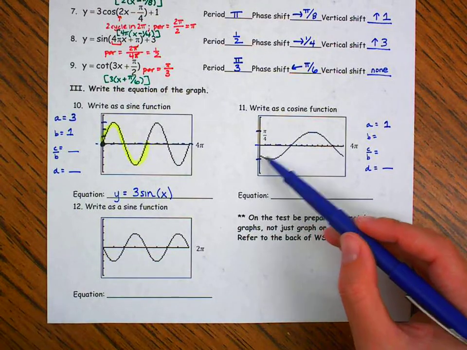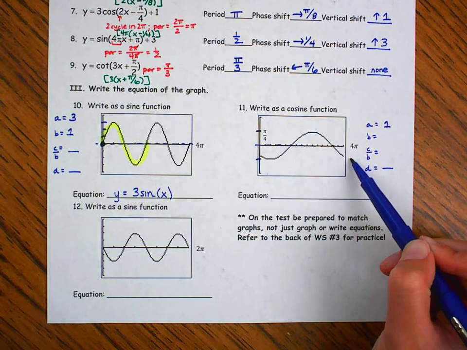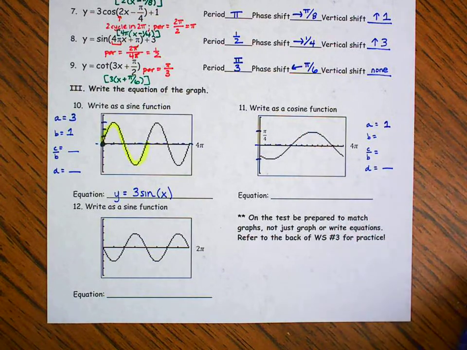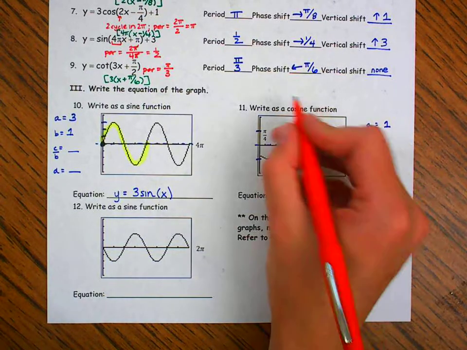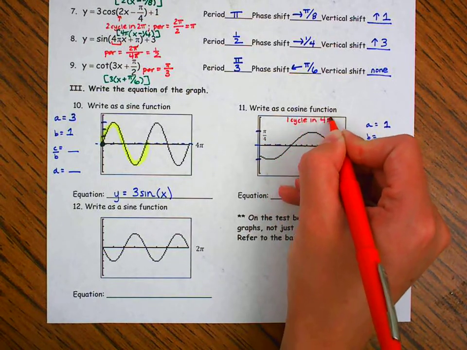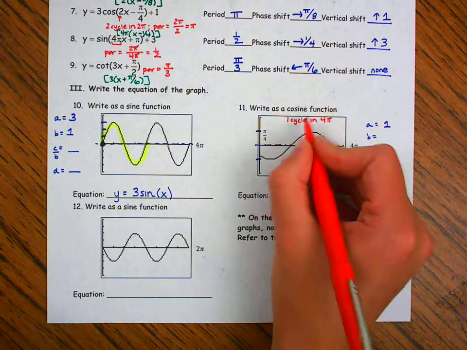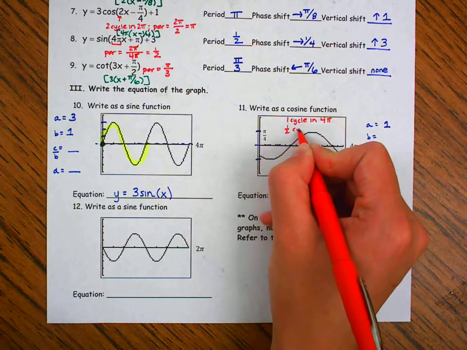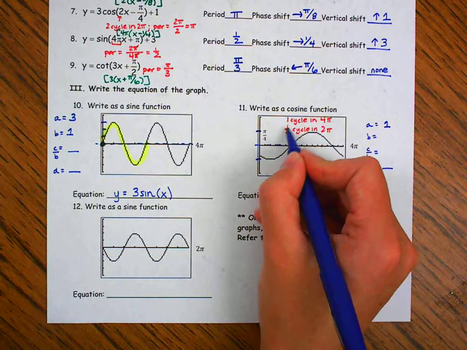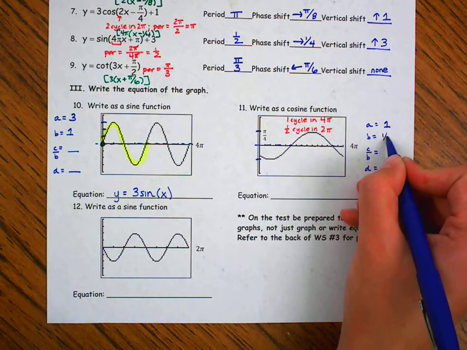Notice you can see how it's about to level back out to the bottom. I'm only getting through 1 full cycle in 4 pi. So 1 cycle in 4 pi. Well, in order to turn this into a 2 pi, I have to divide by 2, which means I'm going to have a half a cycle in 2 pi. That number there, how many cycles in 2 pi, is my B.